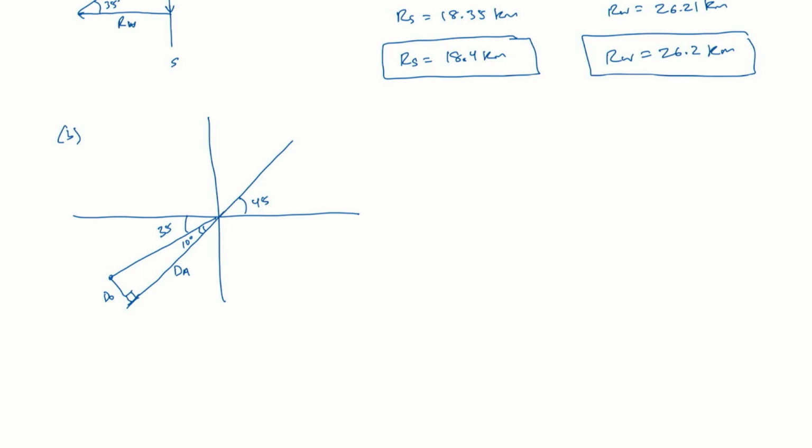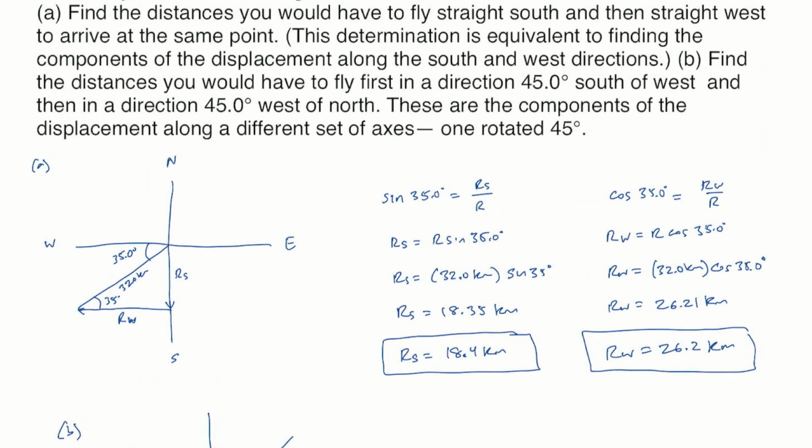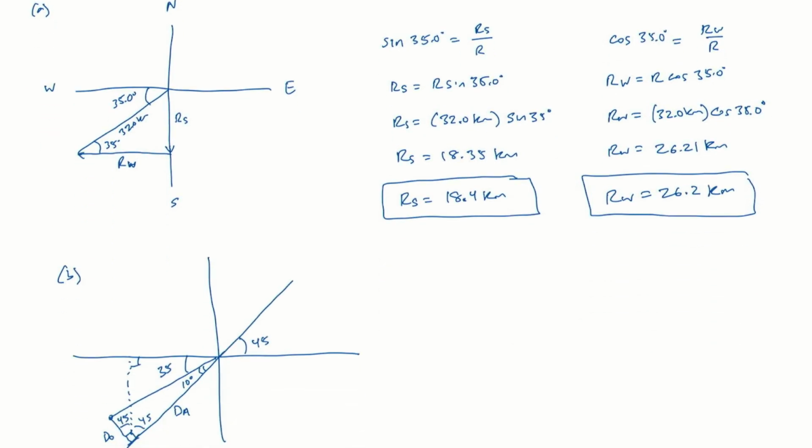And to convince you of that, we can think of a straight dotted line. So here we got 45 here, so we've got 45 here. And then we are going to have 45 here, because we are going 45 west of north.